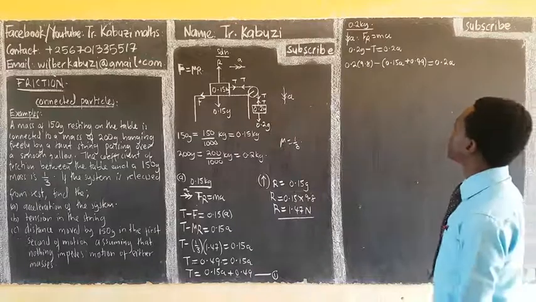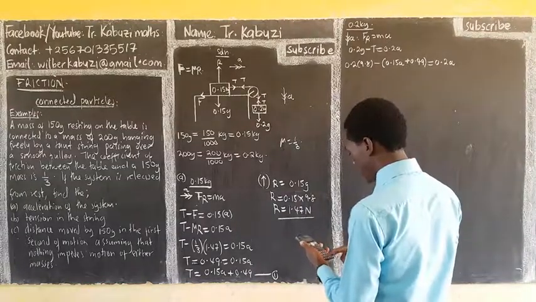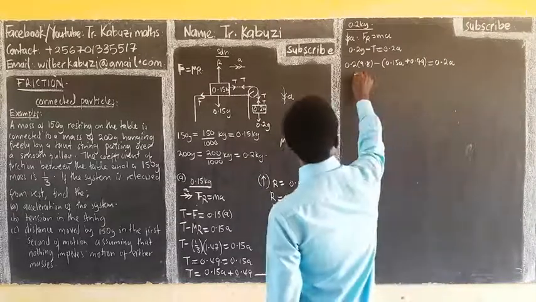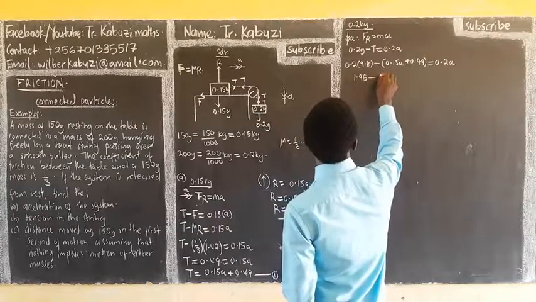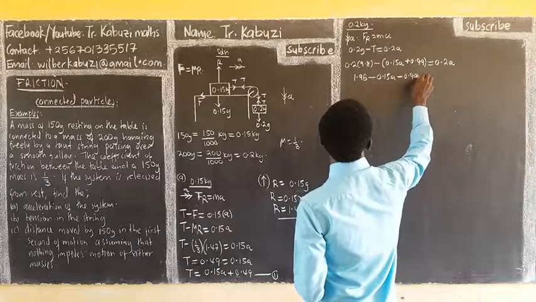So after that, when I multiply there, I get 0.2 times 9.8, which gives me 1.96, then minus 0.15a minus 0.49 equaling 0.2a.